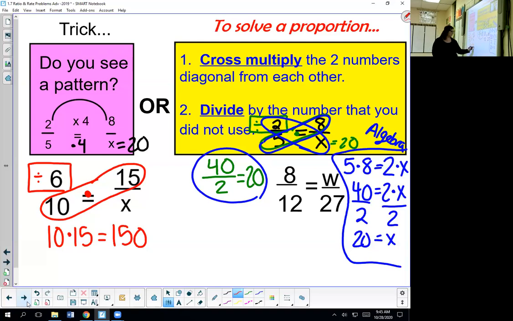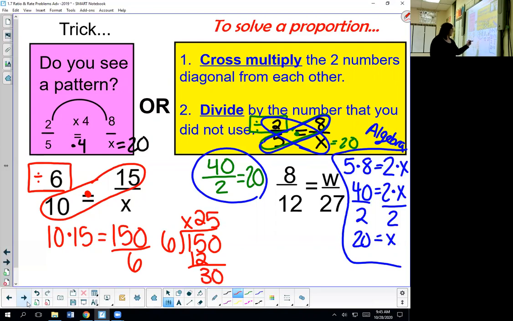So I divide by 6. So how many 6s go into 150? 25, which I should have known that. 5 quarters or 6 quarters makes $1.50. So the answer here is 25.